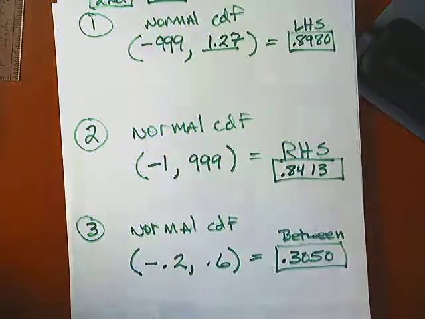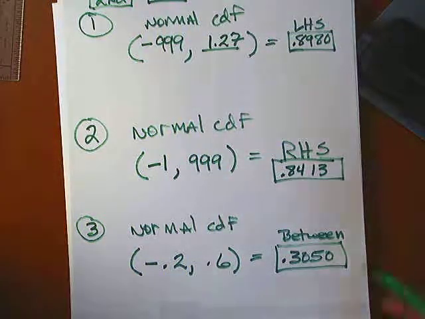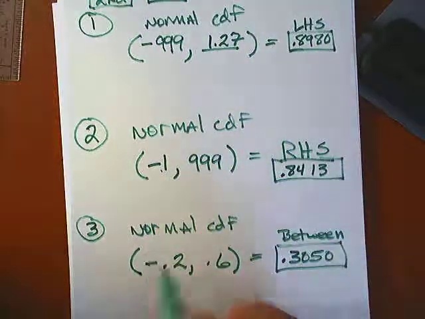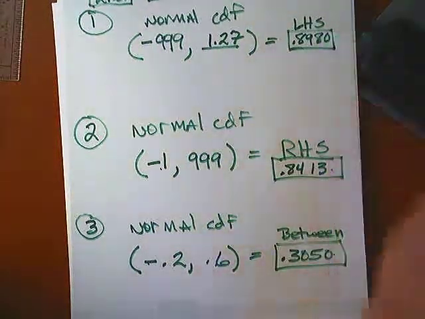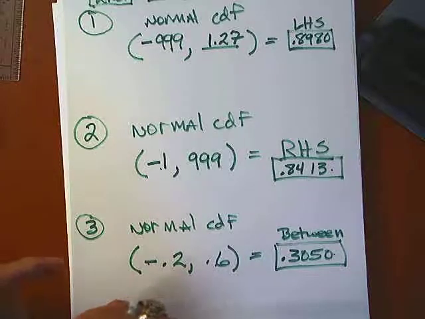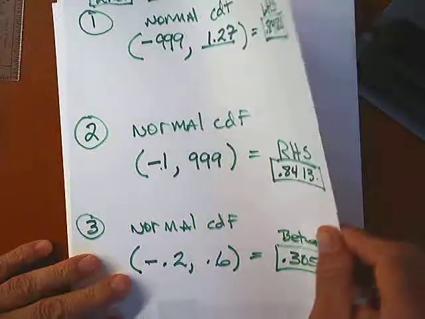Go ahead and check your calculator to make sure you can pull up these problems. And the third one, normal CDF. And I think we went from, looking through our problems here, negative 0.2 to 0.6, and that gave us between of 0.3050.